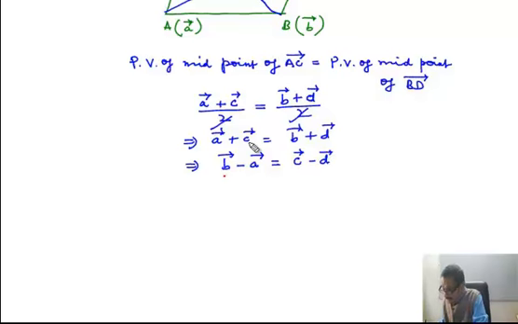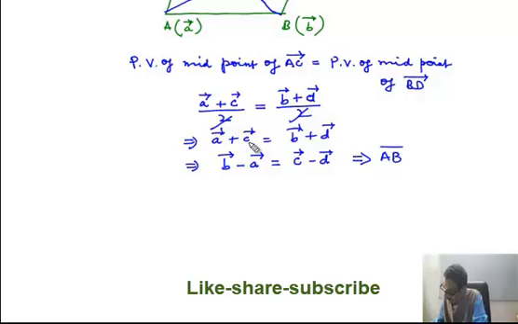This means that AB is parallel to DC. This implies AB is parallel to vector DC.